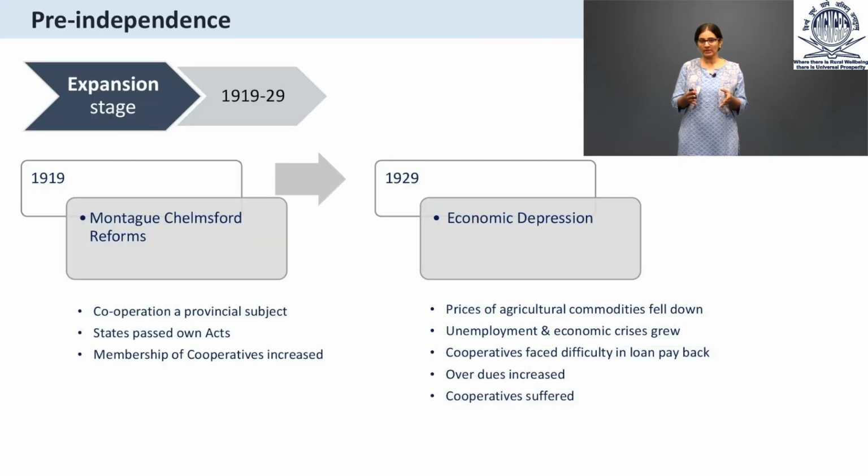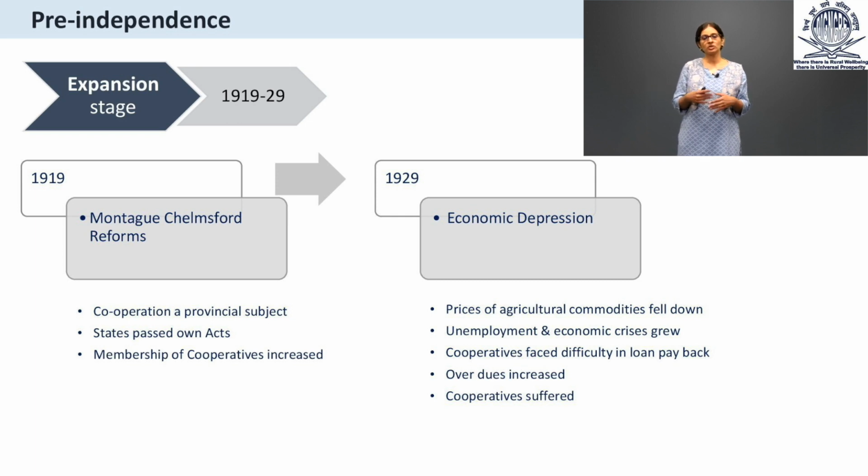The Montague-Chelmsford reforms were introduced in 1919 by the British government, and several reforms were taken up in the country. As far as cooperatives are concerned, cooperatives became a provincial subject. This gave further impetus to the movement, and various states passed their own acts for cooperatives.